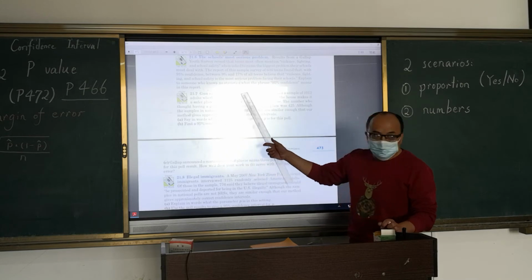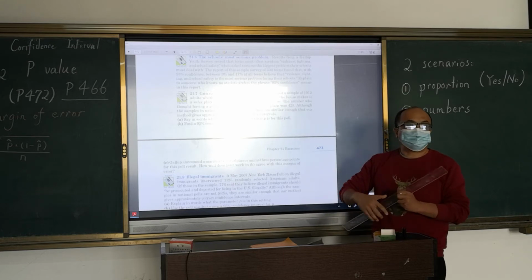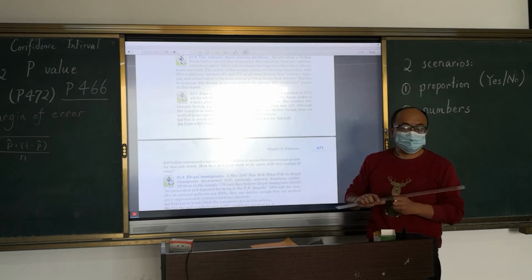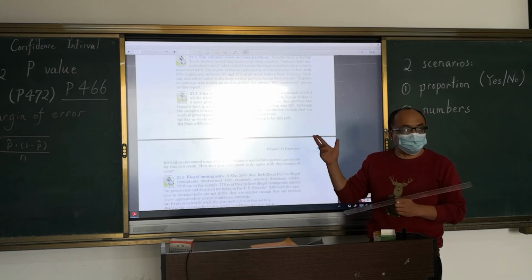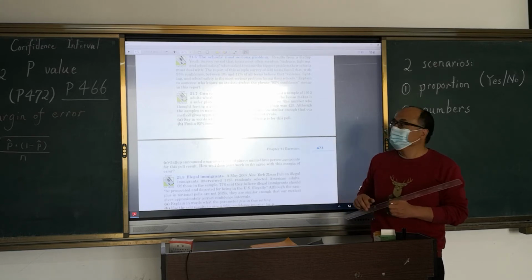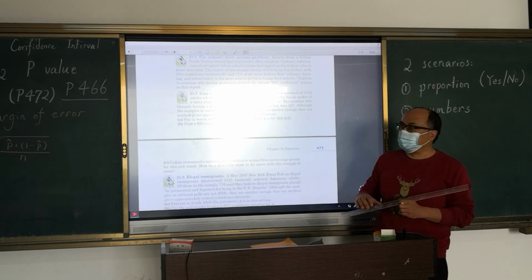The purpose is that they try to find out whether the whole country supports it, but they cannot ask everybody in the country. It's just too many.